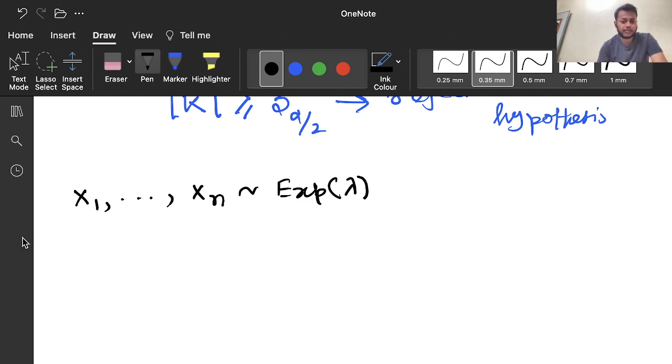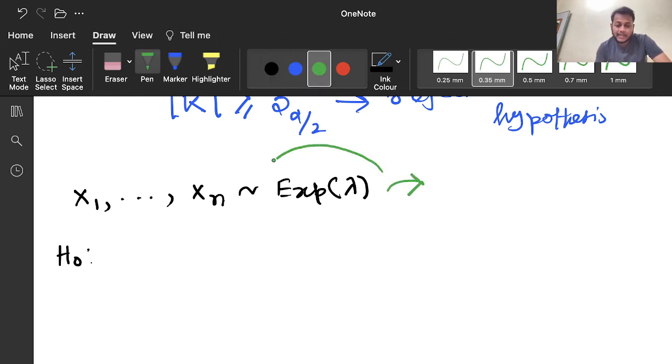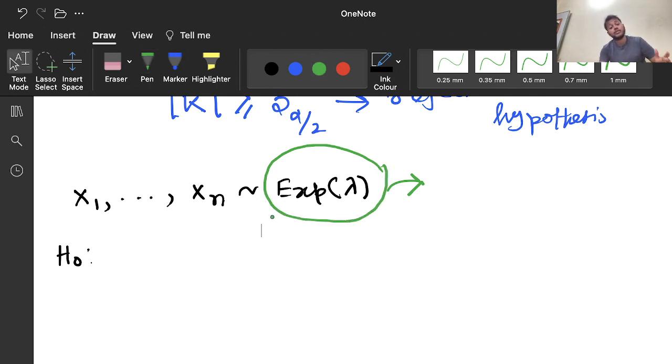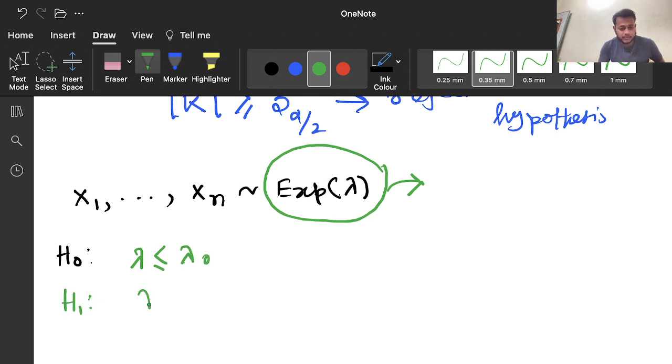So it's not only Gaussian; for exponential also we can test hypotheses. Using the exponential distribution one can also test hypothesis, so we will do that now. The null hypothesis H0 is lambda is less than lambda 0, and the alternative hypothesis is lambda is greater than lambda 0. Now what will be your test statistic?